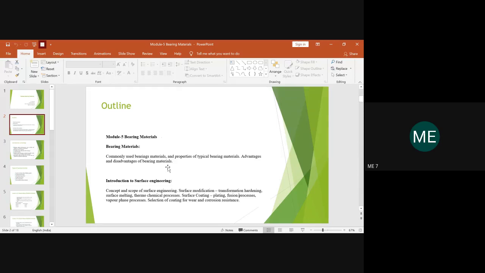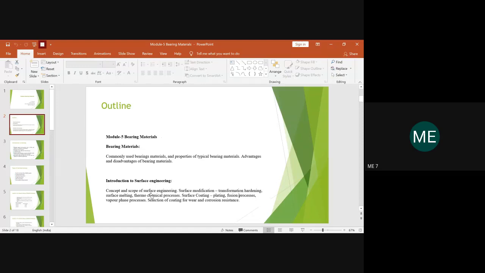So you need to understand the scope and the importance of surface engineering, how you can modify the surface, which heat treatments you usually perform to enhance the physical properties of the material, and also how to safeguard the surface of any device by means of surface coating. We'll be speaking about the different types of surface coatings which are usually available.